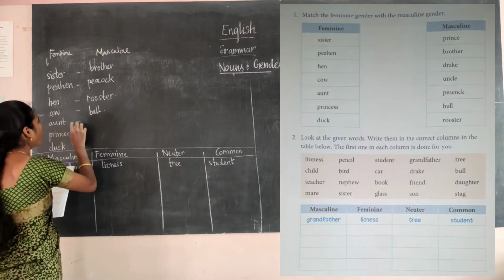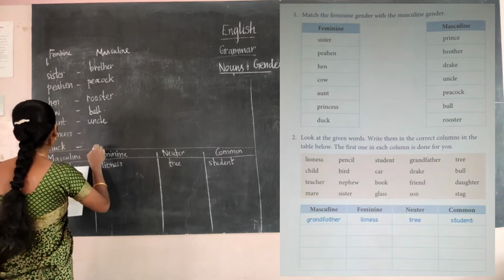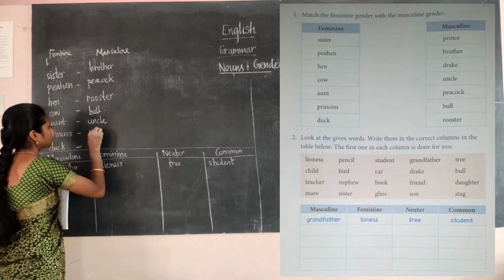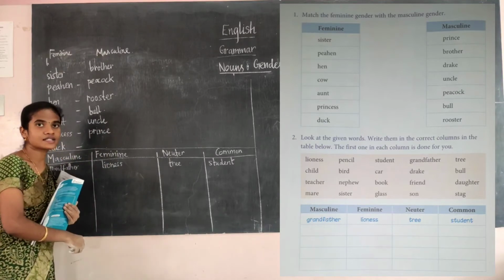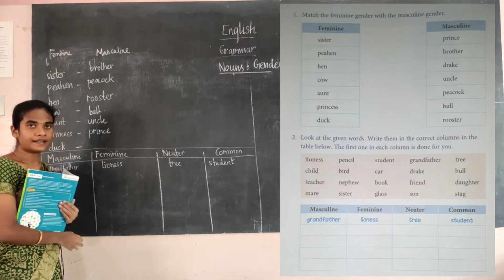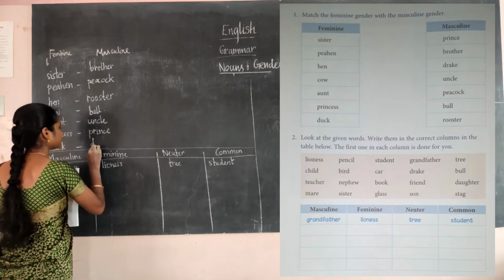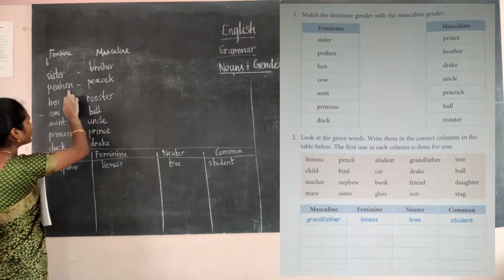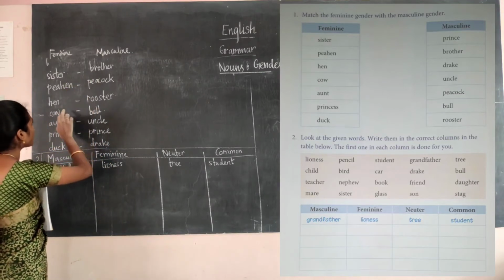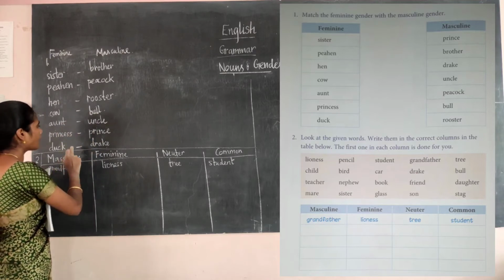Aunt, uncle. Princess, prince. The male duck is known as the drake. Sister, brother, peahen, peacock, hen, rooster, cow, bull, aunt, uncle, princess, prince, duck, drake.